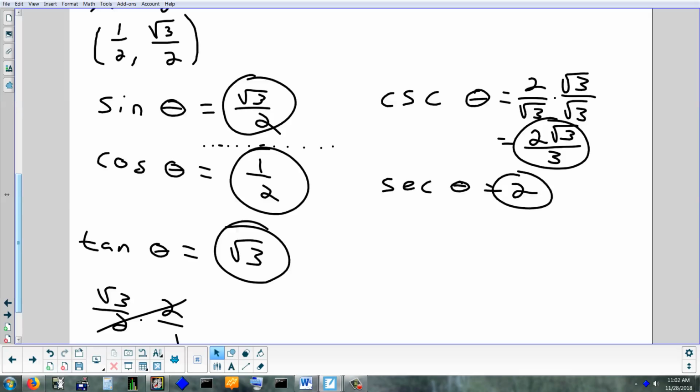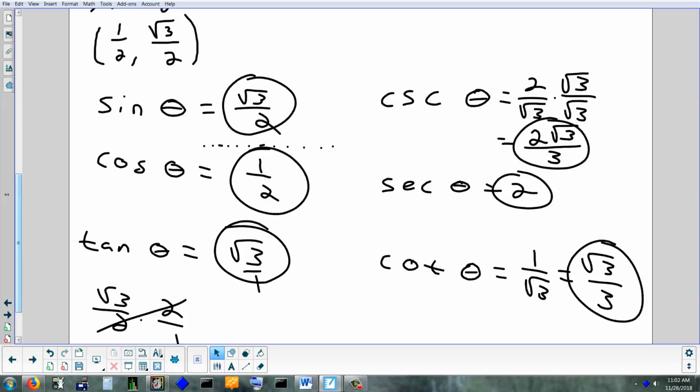And the function name when you flip tangent is cotangent. So the cotangent equals, and square root of 3 is not a fraction, but we can make it a fraction just by putting it over 1. 1 over root 3, fix it, the same way Emma told us earlier, by multiplying top and bottom by root 3.